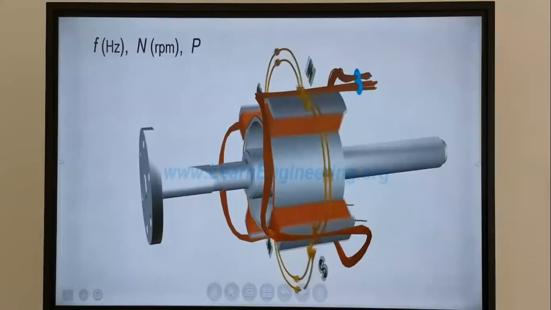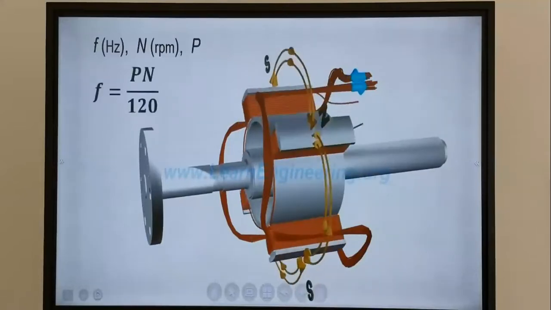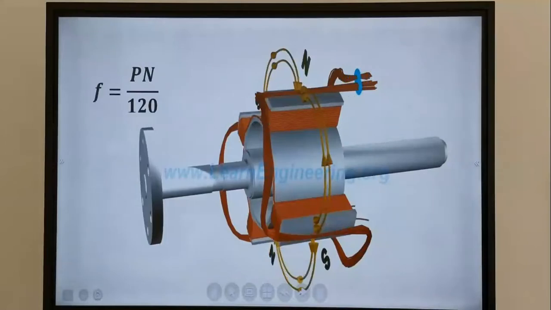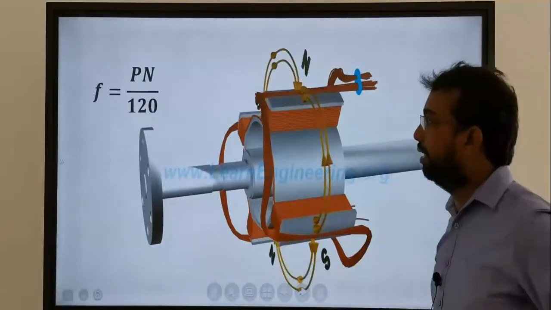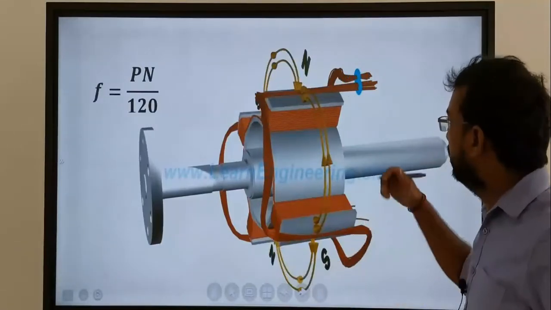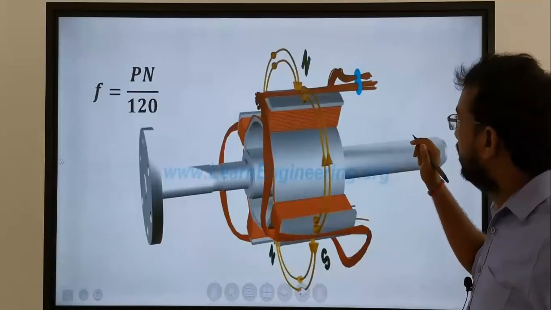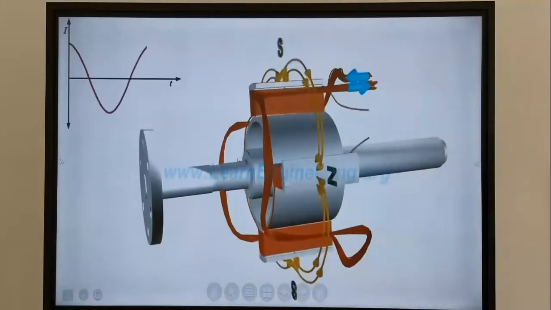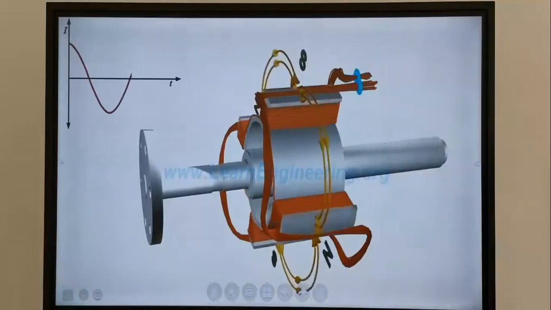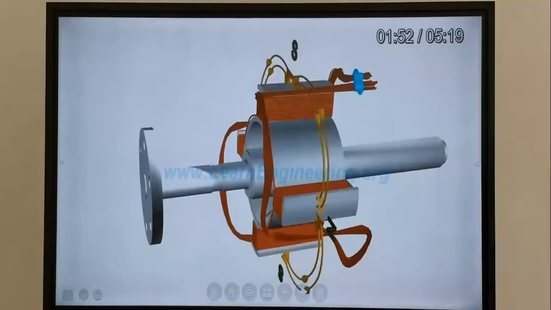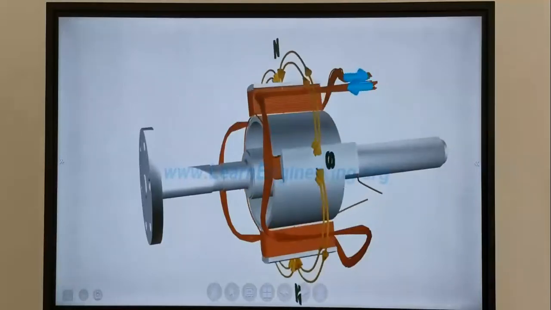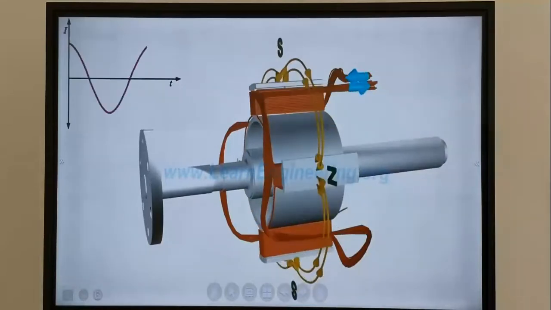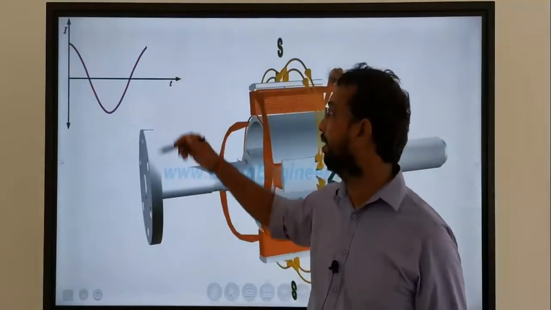Here there is a general equation. We know frequency means hertz. What is the frequency? It is how many cycles occur in a second. This is one cycle.